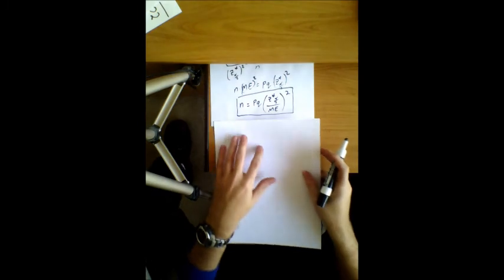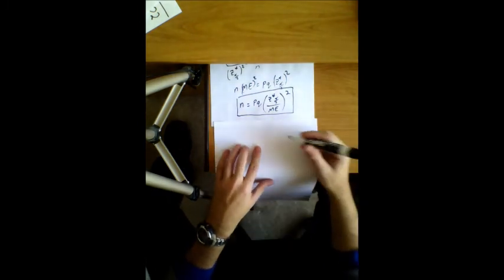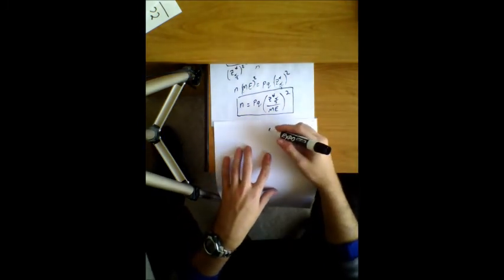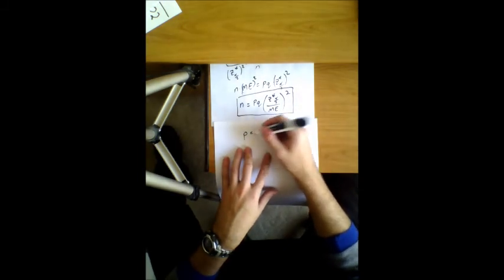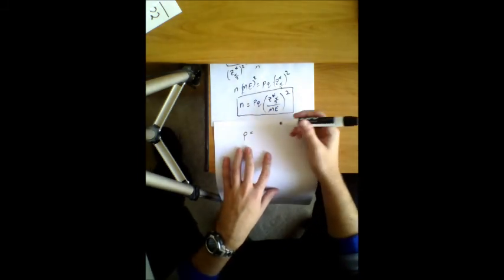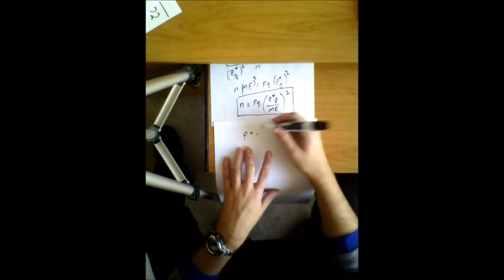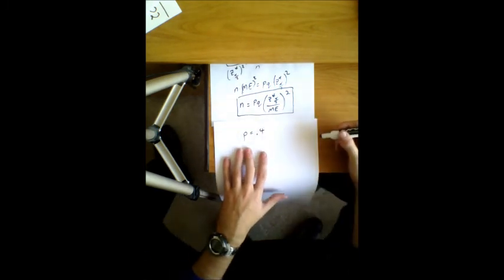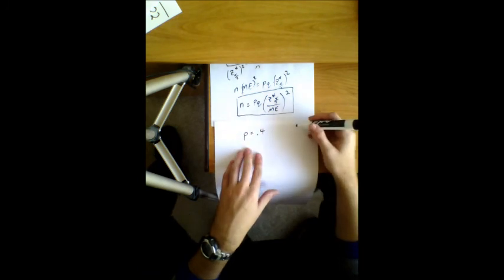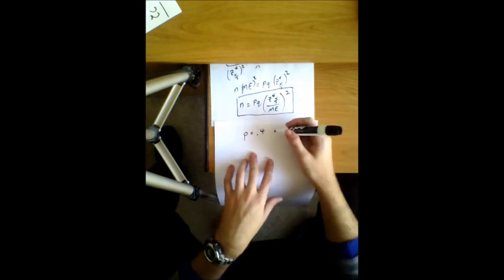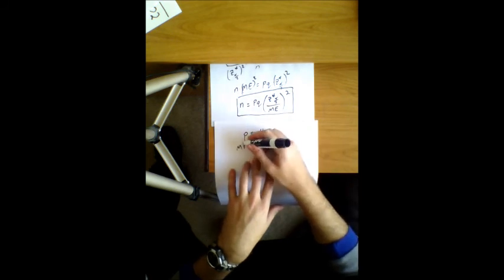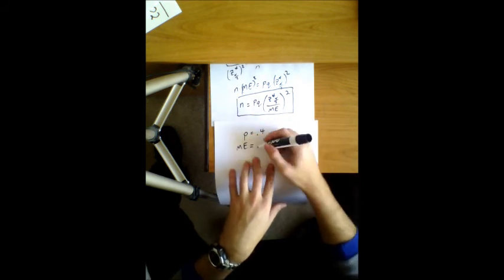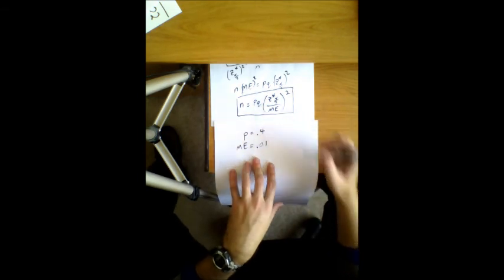So say I'm looking for a poll, or I have a candidate in some kind of election, and I've estimated that the rate of approval is about 40%. And I want to see, okay, how much do I have to sample? So I'd like a margin of error to be within 1%.